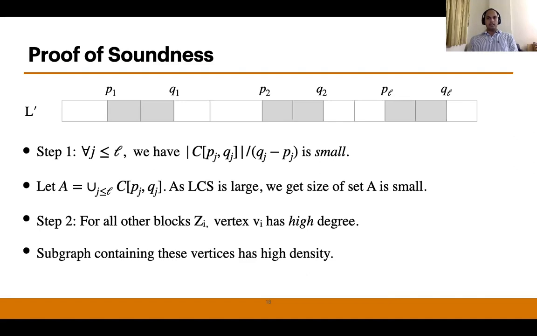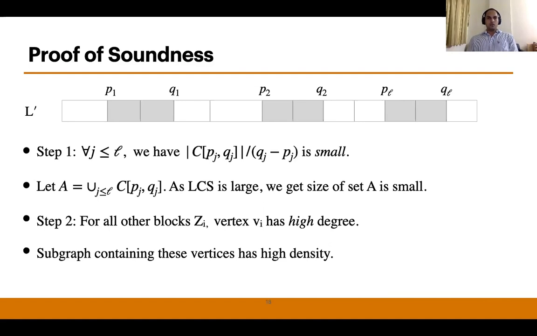Let A be the set of all the blocks zi which are in these intervals. As LCS is large, we get that the size of set A is very small.